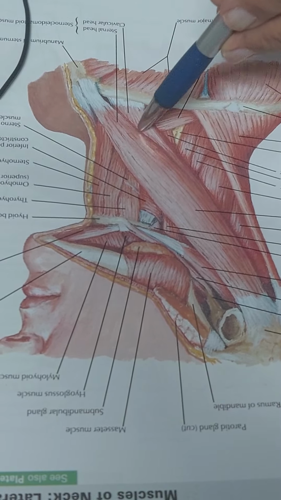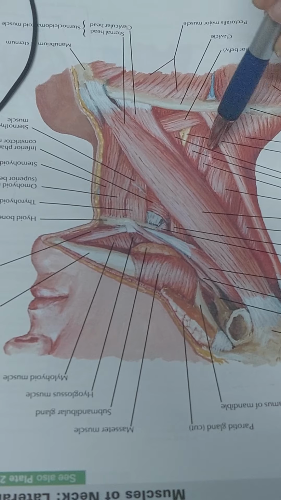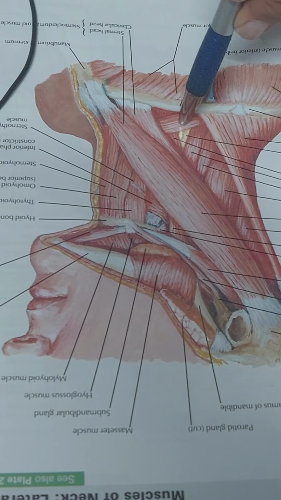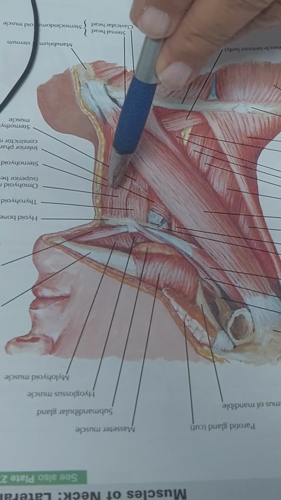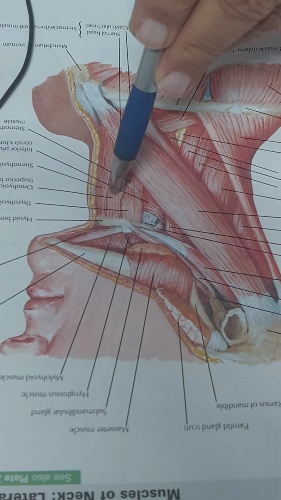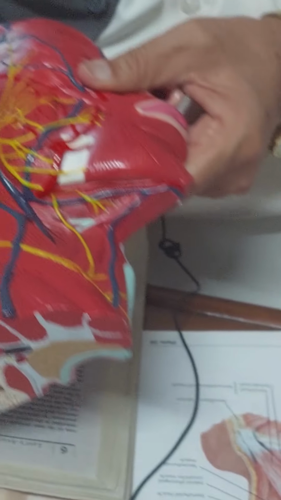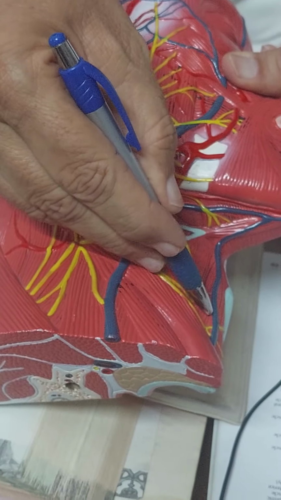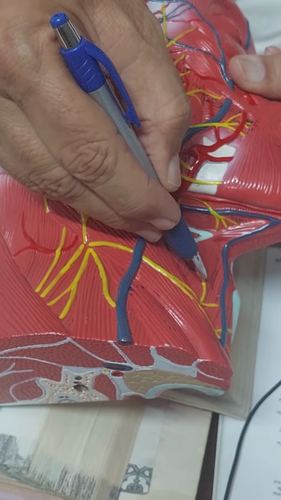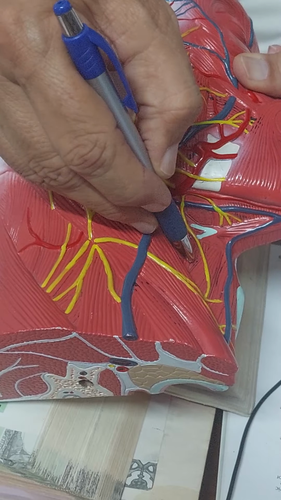And then look, this is the inferior belly of the omohyoid, which comes over here to divide the posterior triangle into two. Inferior belly of omohyoid, and this is superior belly of omohyoid. And then this muscle which you can see over here, that is the sternothyroid muscle. The same you can see over here. Look, this is the sternothyroid, this is the omohyoid, and this is the thyrohyoid.